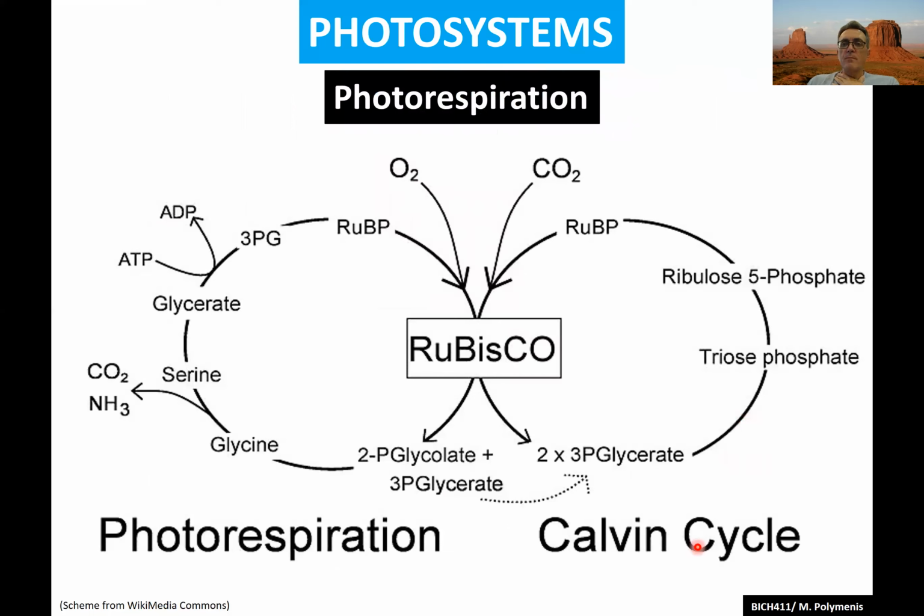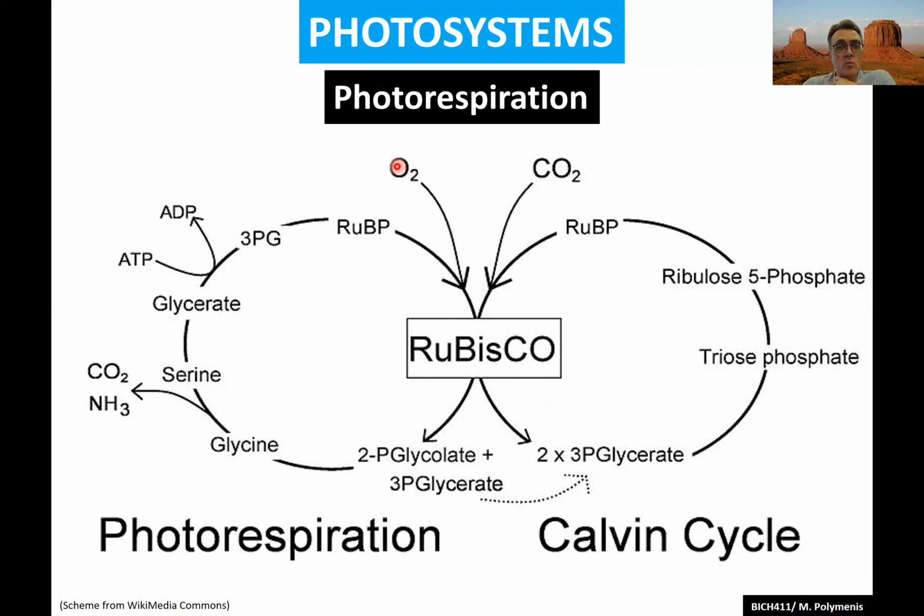All right, so something else that is happening. When you have CO2, Rubisco will go through this reaction that we just discussed, and it will give you the 2 molecules of 3-phosphoglycerate. We have not seen the rest of the reactions, but we'll see them in the Calvin cycle. But Rubisco can also incorporate oxygen instead of CO2. And in that case, you have what is called photorespiration.